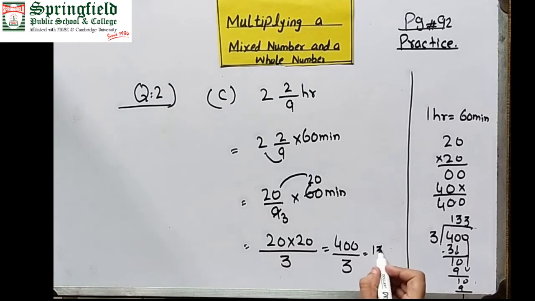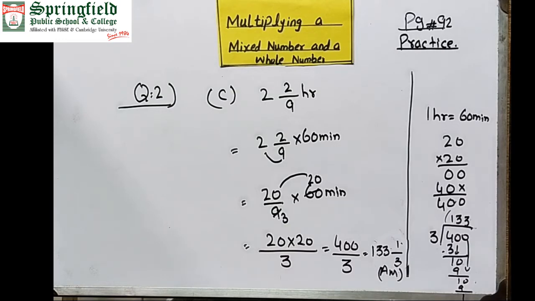So 133, quotient, then remainder and divisor. 133 whole 1 by 3. This is your final answer. Understood, beta? Now do the practice of all these questions in your notebook.